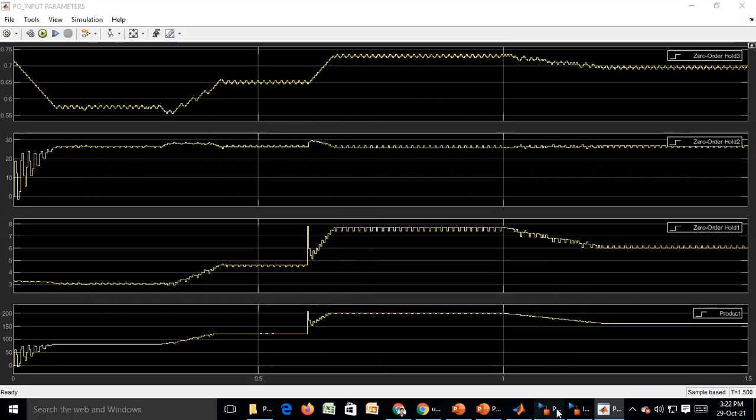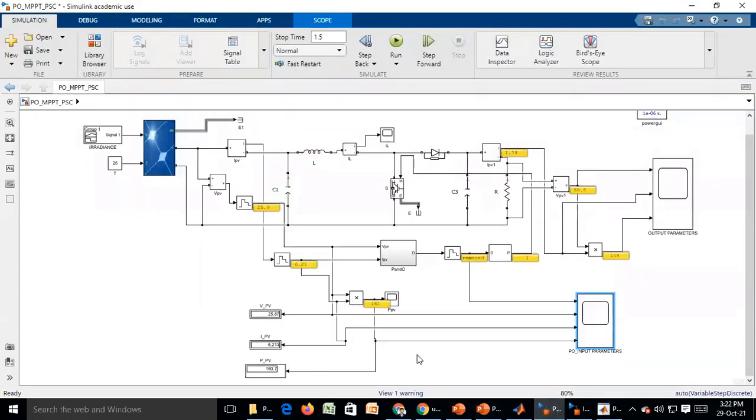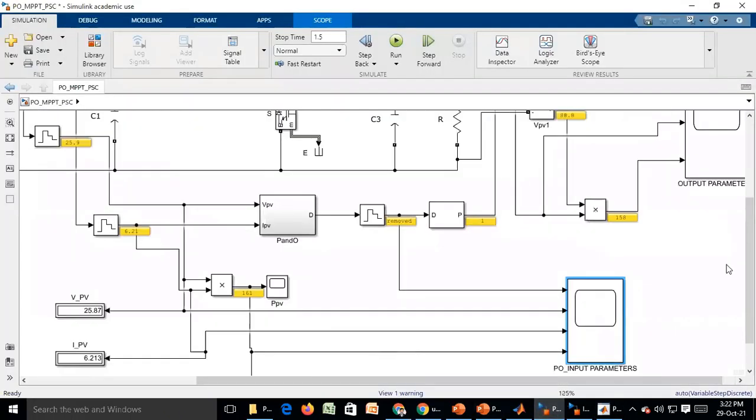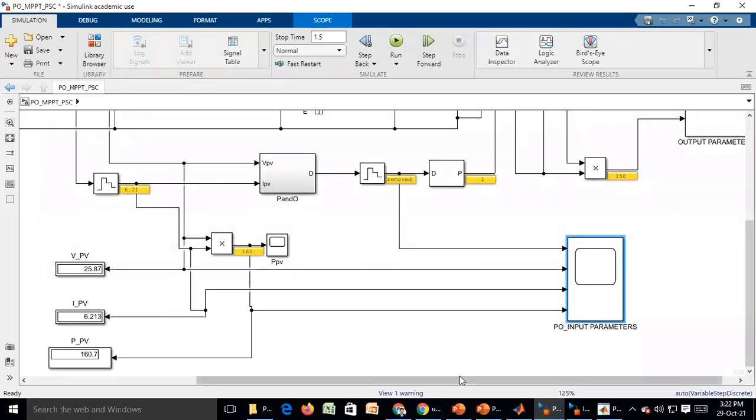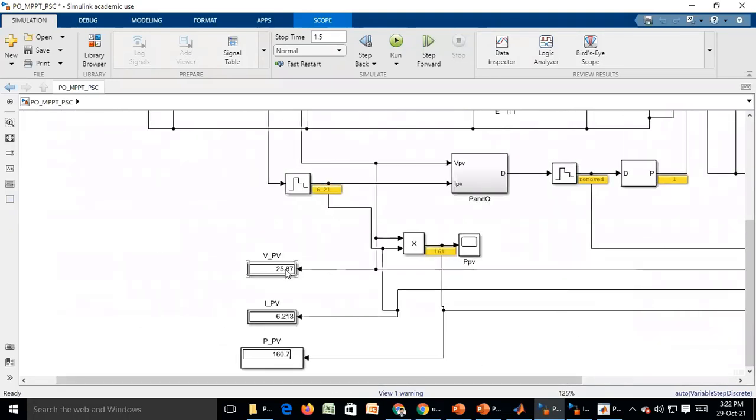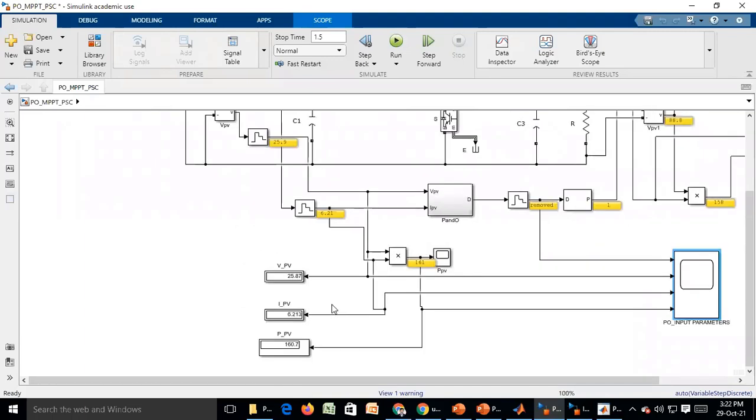During non-uniform conditions, you see partial shading conditions. With partial shading, approximately 25.8 volts we got, the current is 6.2, and the power is 160. VPV is 25, IPV is 6.2, PPV is 160. This is the input.